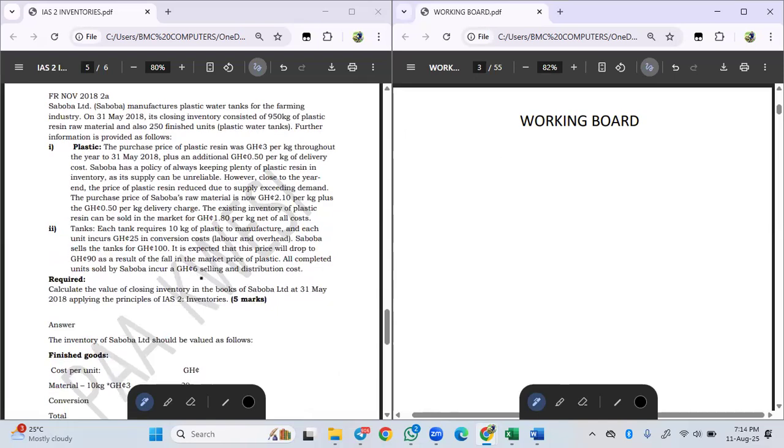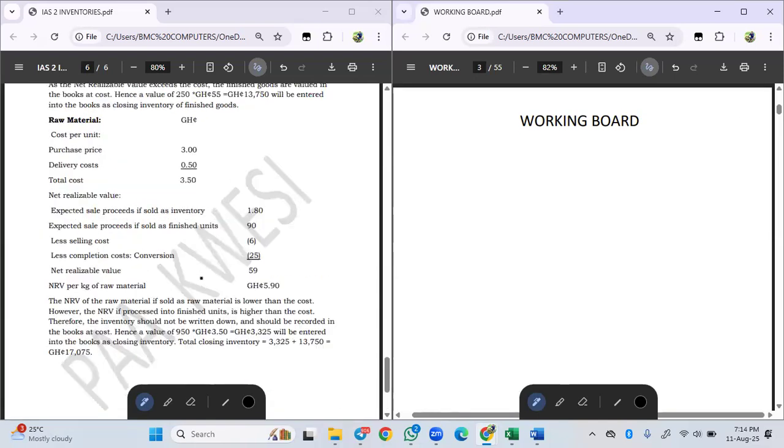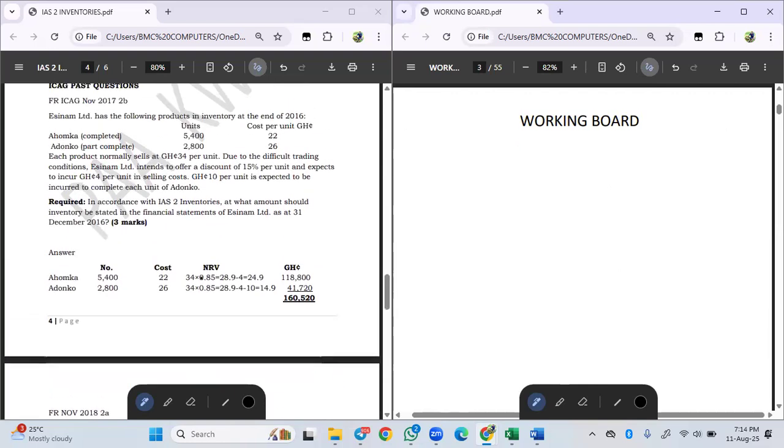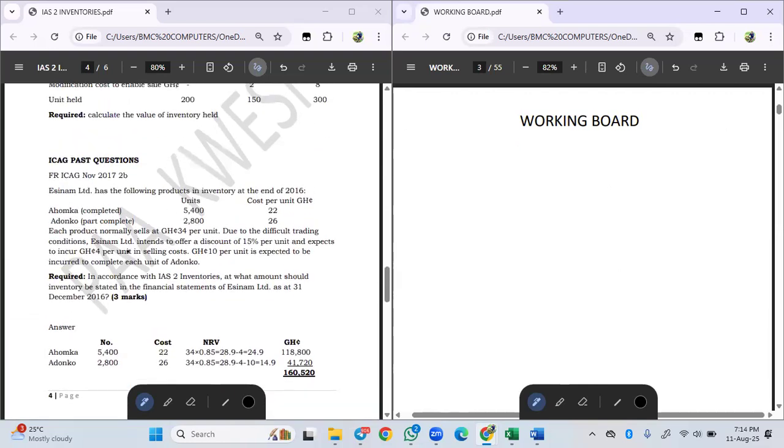Okay. All right. So please, these are some past questions that we have. Let's solve the first one, so that we end this particular standard. So please read for me the first one. Okay, so Esinam Limited has the following products in inventory at the end of 2016. We have Ahomka completed, Adonko part complete, and we have their units and cost per unit. Each product normally sells at 34 cedis per unit.